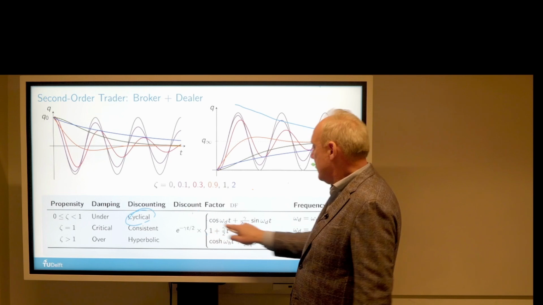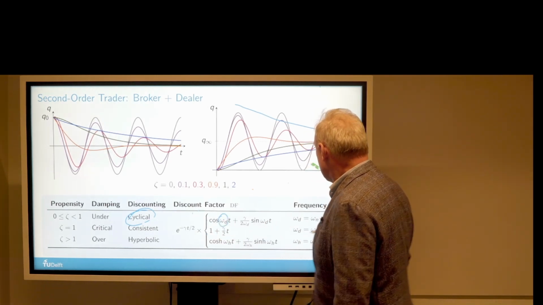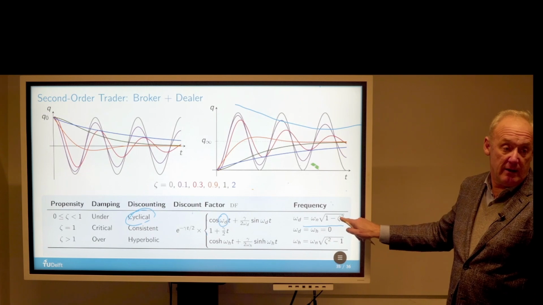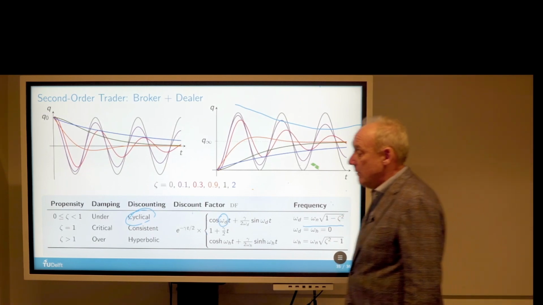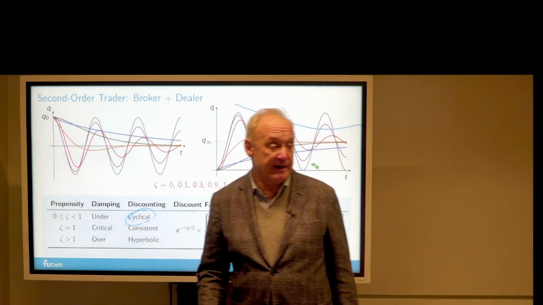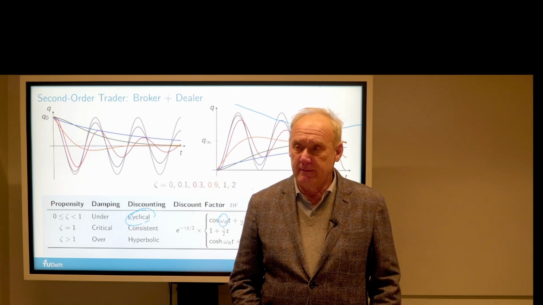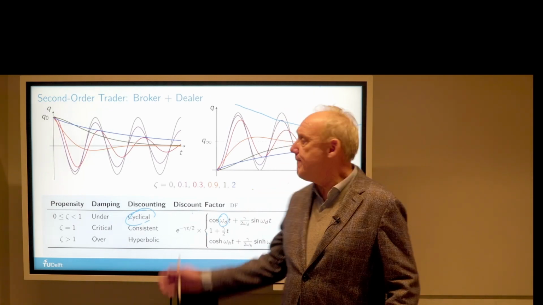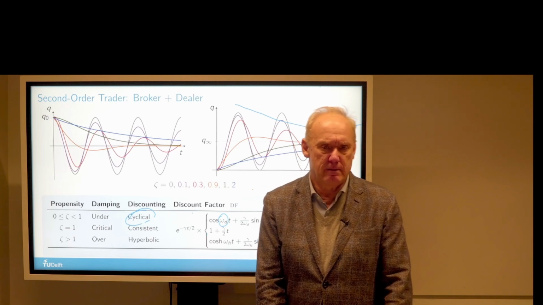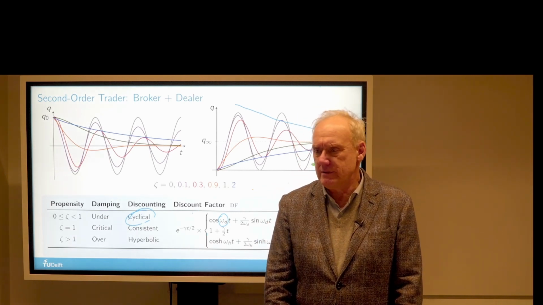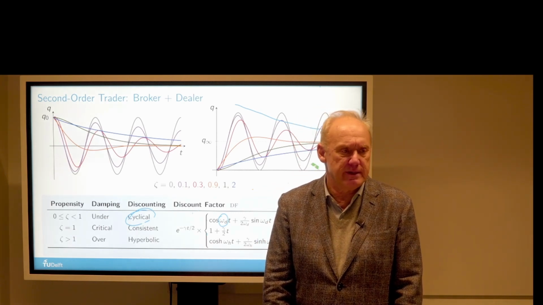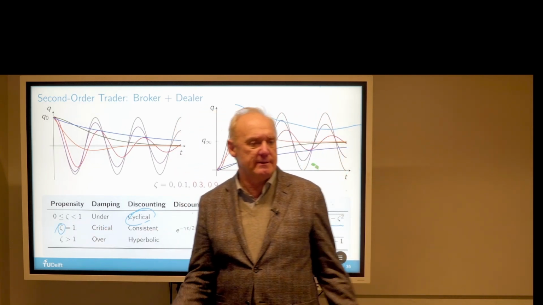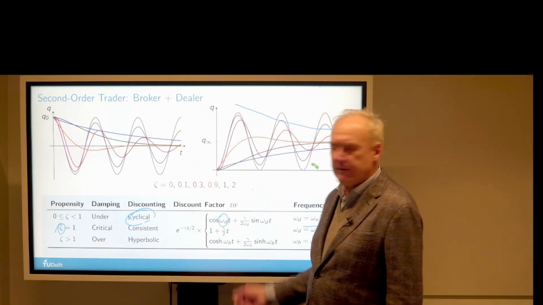But it also tells you the frequency, which depends on the damping ratio, the zeta factor, the propensity, all of it. Now you try fitting this, okay, as an economist. It's impossible. You'll never figure it out. And then somebody changes this propensity, and then what? The thing looks completely different.